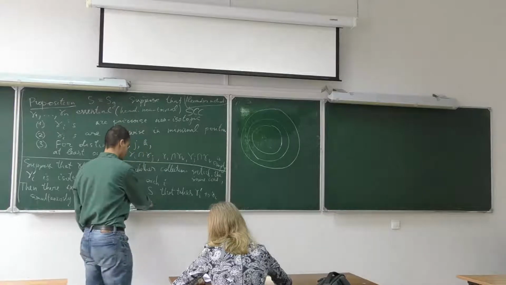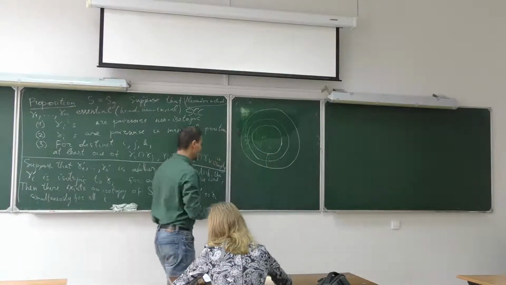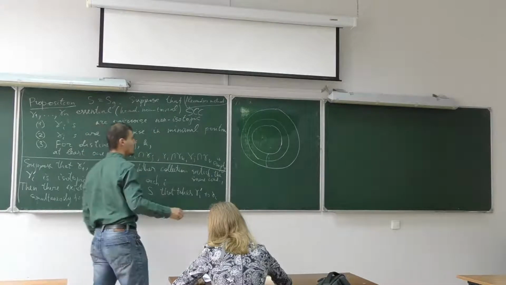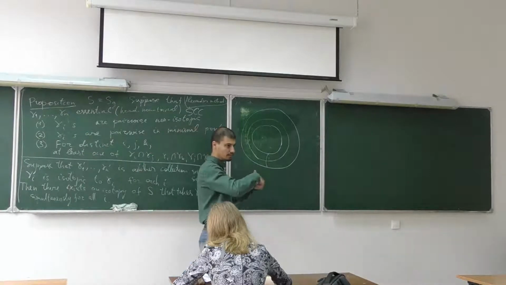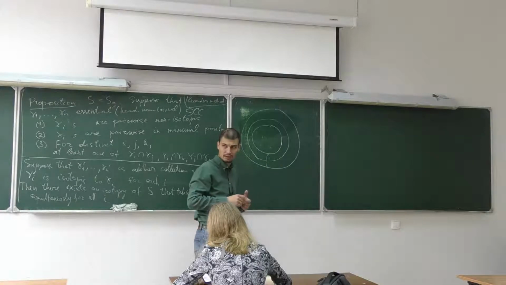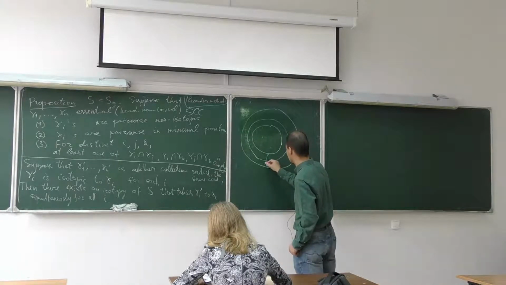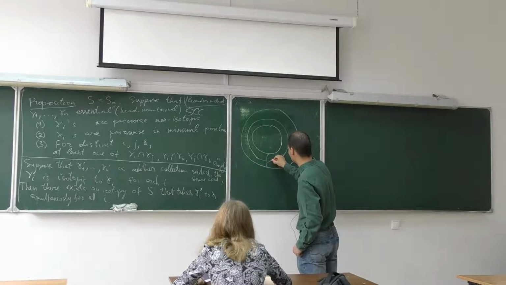a meridian, and a curve that goes once around the parallel and once around the meridian. So, for instance, we can do it like that.